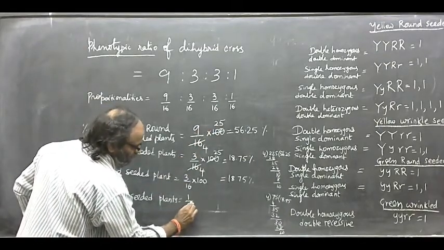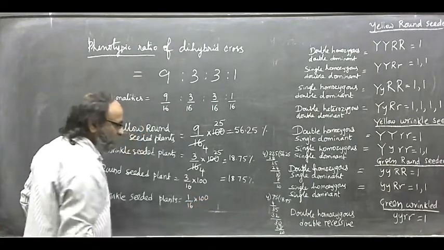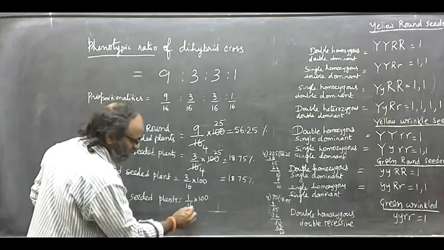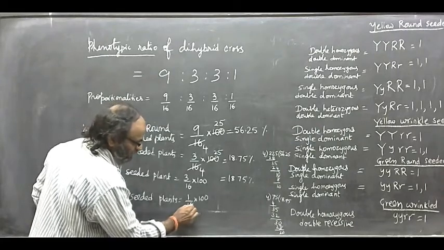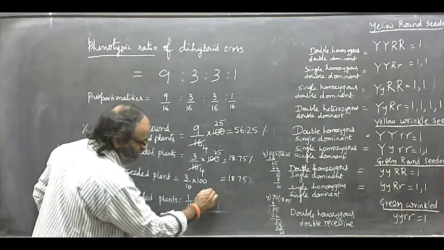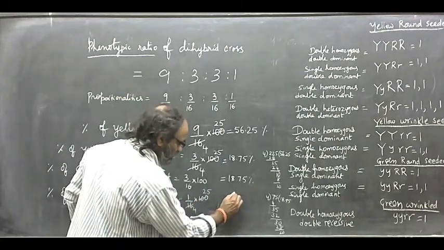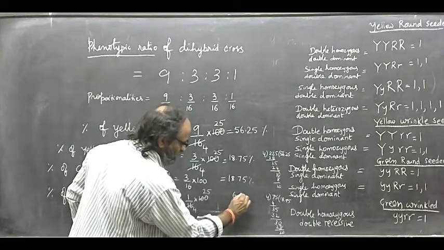Therefore, it is 1 by 16 into 100, which means 4 fours are 16, 4 twenty-fives, so it is 6.25.